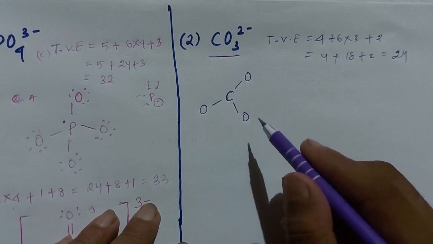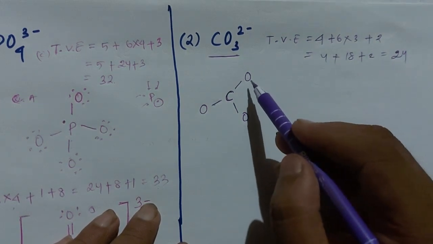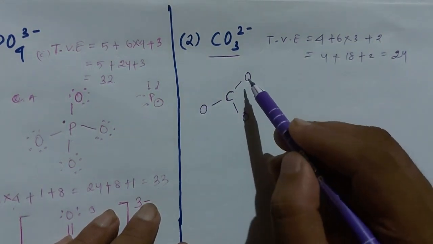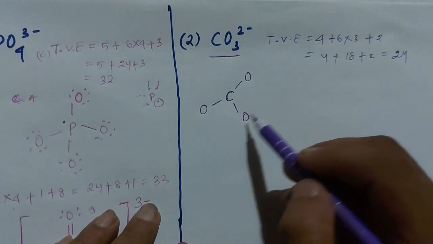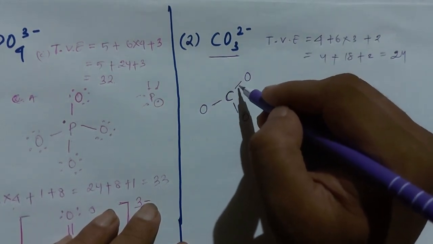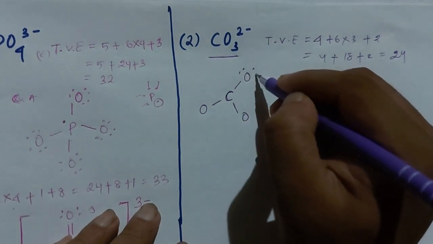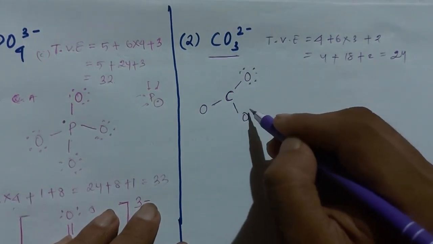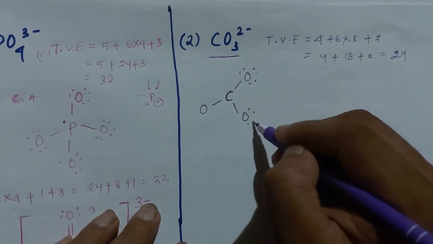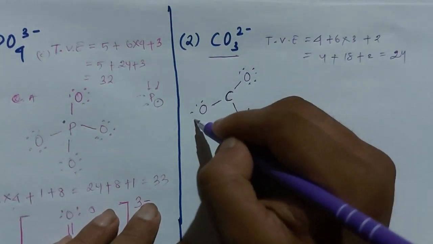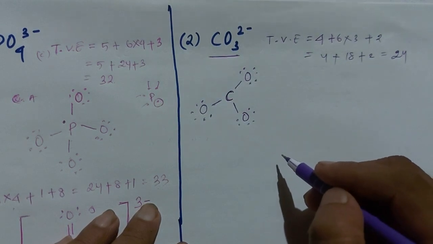Now the next step is to fill the electrons around the terminal atoms so that all the terminal atoms get the octet electronic configuration. Here already 1 bond is there, so 2 electrons, so another 6 electrons are needed. Like this, 1 bond, 2 electrons, so another 6 electrons are needed, and this also needs 6 electrons.